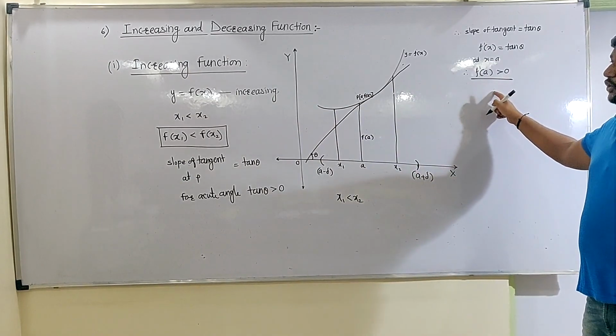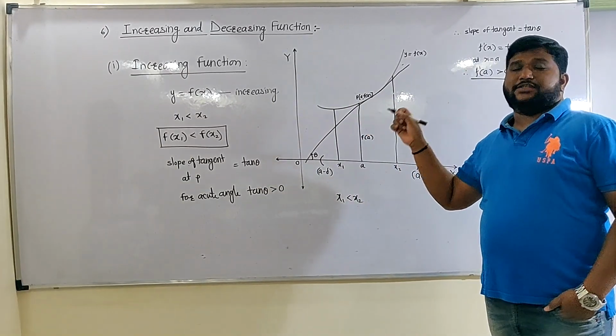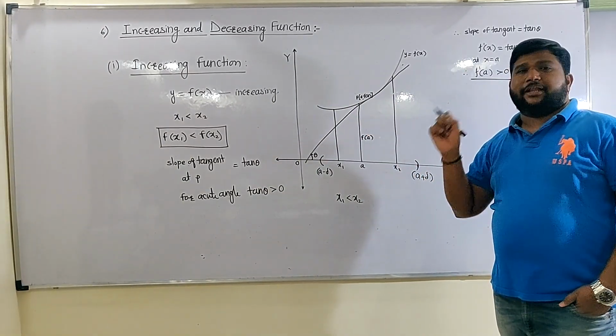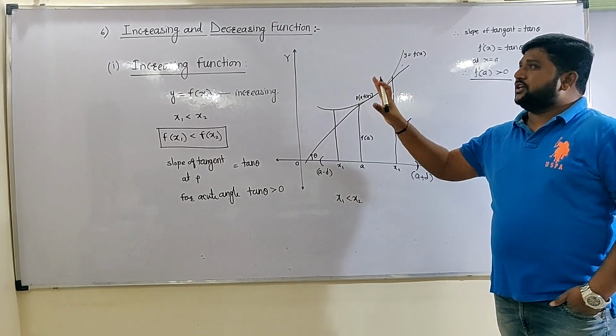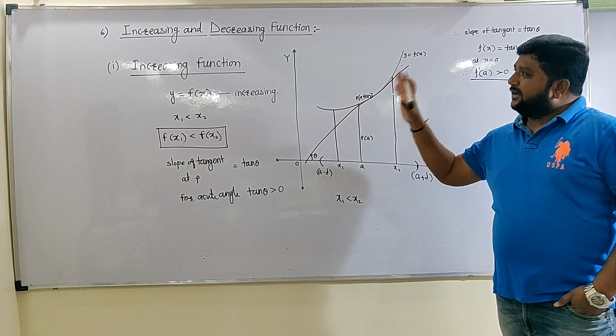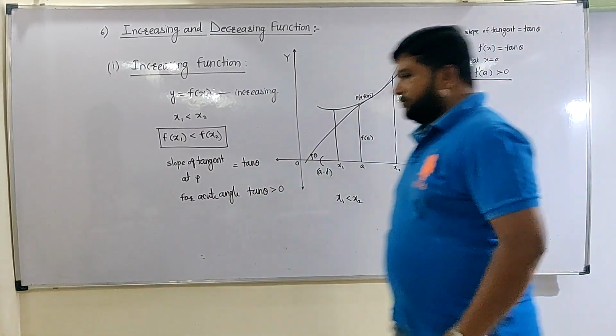Then we say that this differentiable function y is equal to f of x is strictly monotonically increasing. So this is the concept of an increasing function. Later on we will discuss the decreasing function.